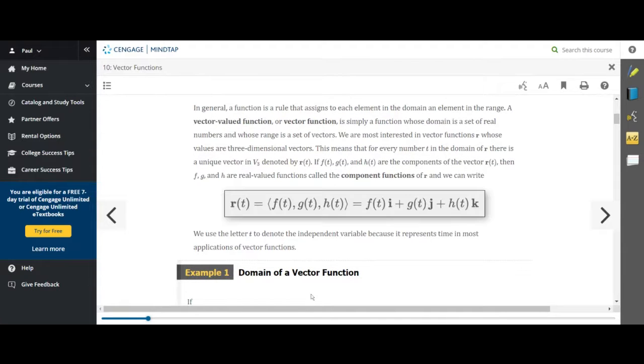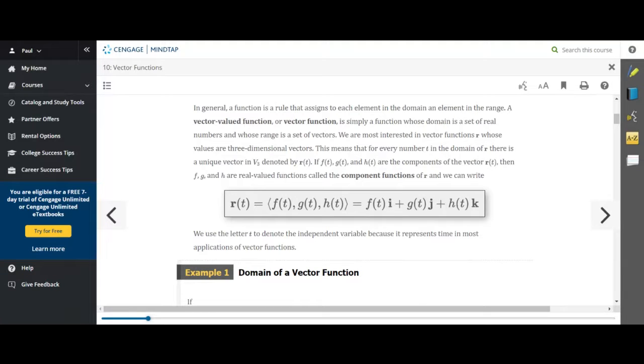So remember that you learned about vectors, right? You learned about vectors in chapter 9, and in three-dimensional space, a vector has an x, y, and z component.